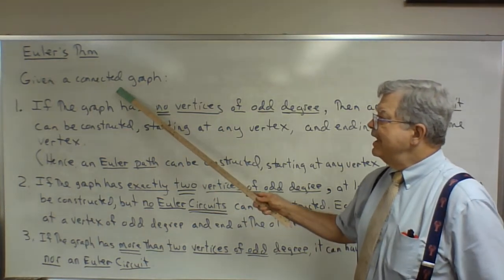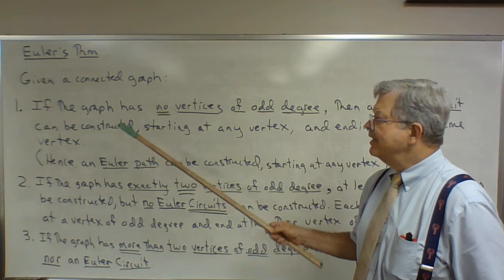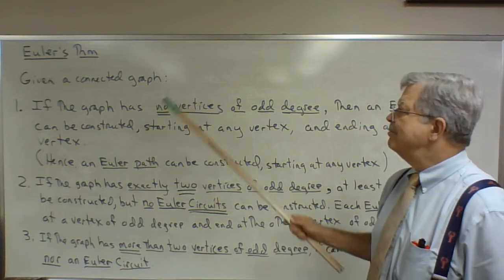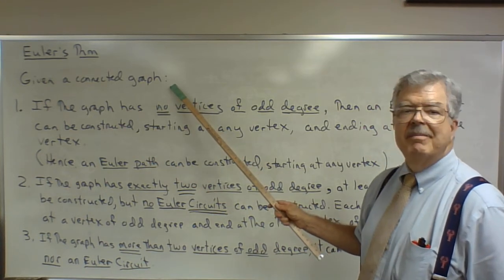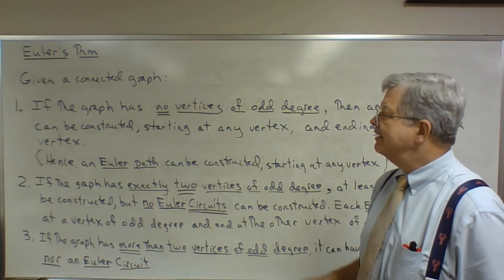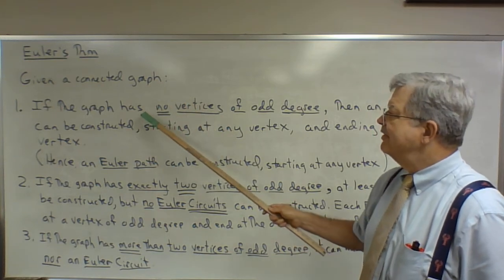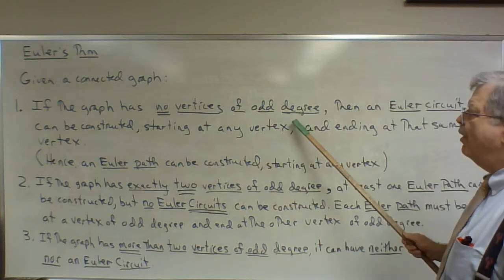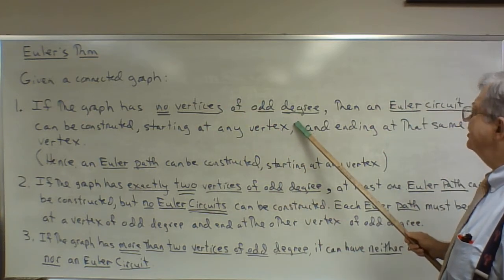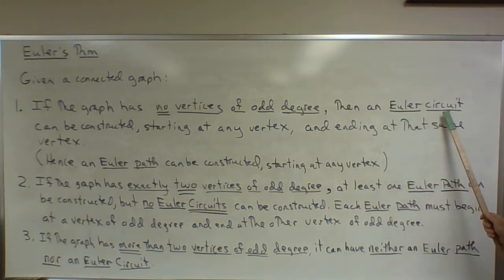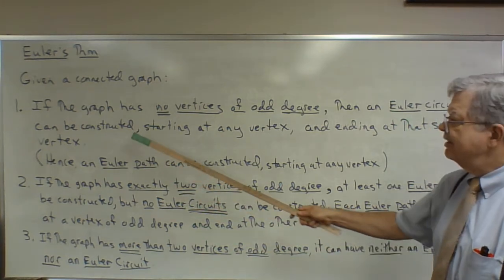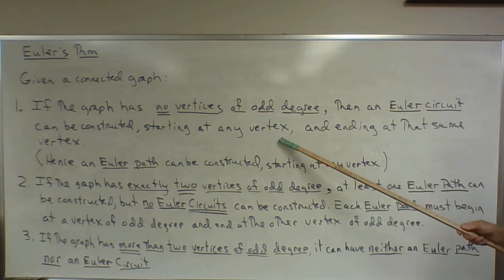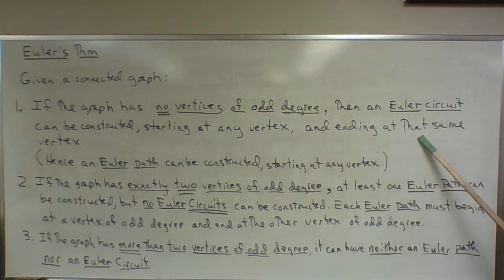So suppose we have a connected graph. In other words, there's a path going from any vertex to any other vertex. If a graph has no vertices of odd degree, in other words, all of the vertices are of even degree, then an Euler circuit can be constructed starting at any vertex and ending at that same vertex.